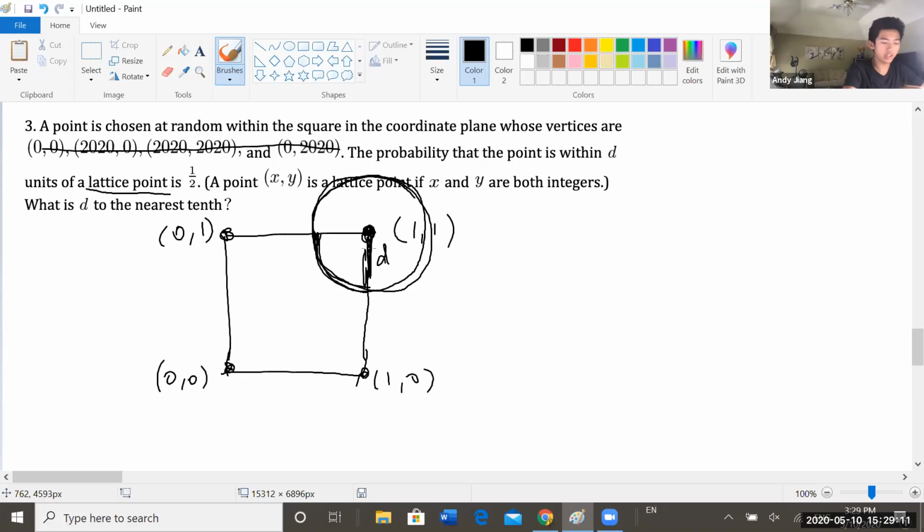So any point that I choose within this circle is within d units from this lattice point, which is the center, but it can't be outside that. So I'm going to assume that d looks somewhat like between 1/3 and 1/2. And I'll draw the same shape for the other 3.